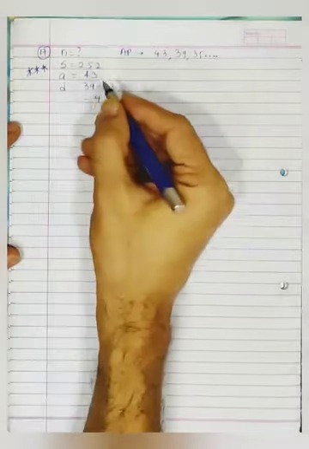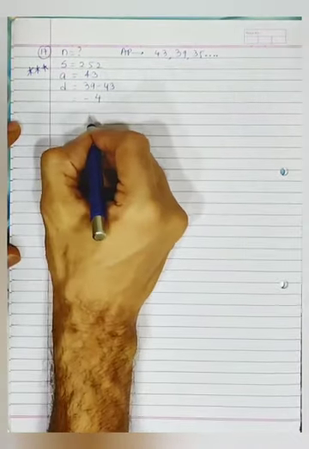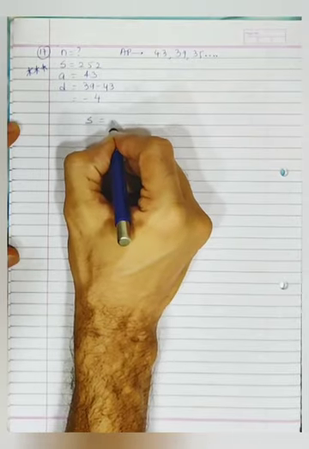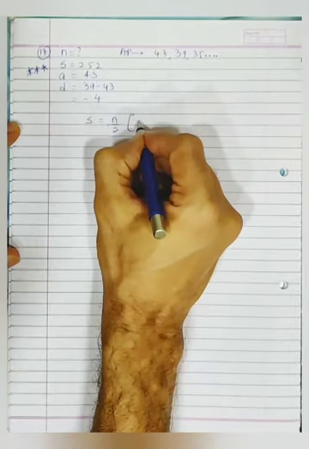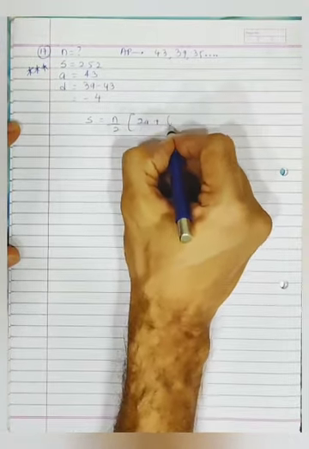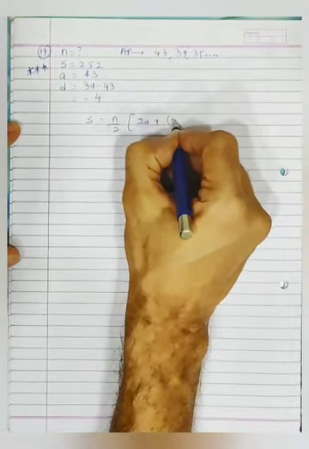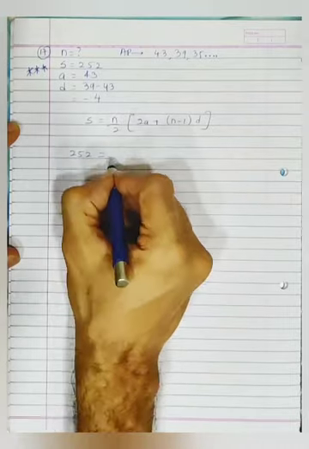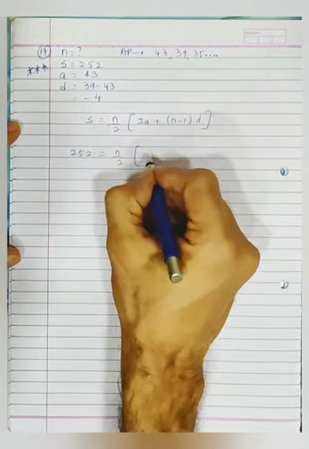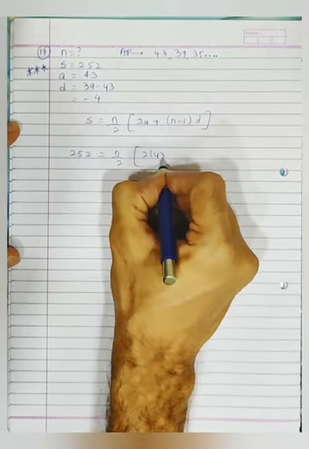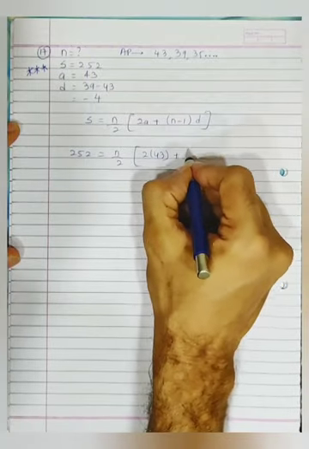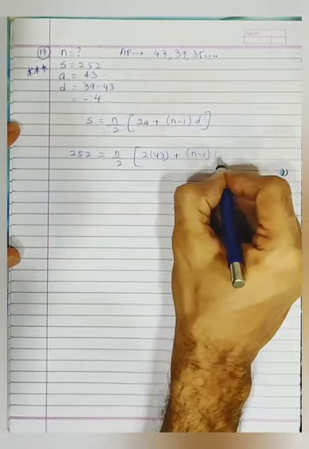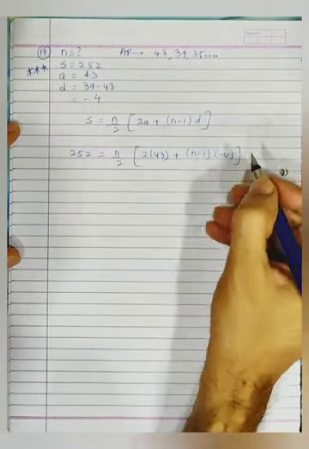So now you are given the sum, we'll use the formula of sum. What is S equal to? N upon 2 in brackets 2A plus N minus 1 into D. So the sum is 252, N we don't know, upon 2, 2A plus N minus 1, and what is D? Minus 4.